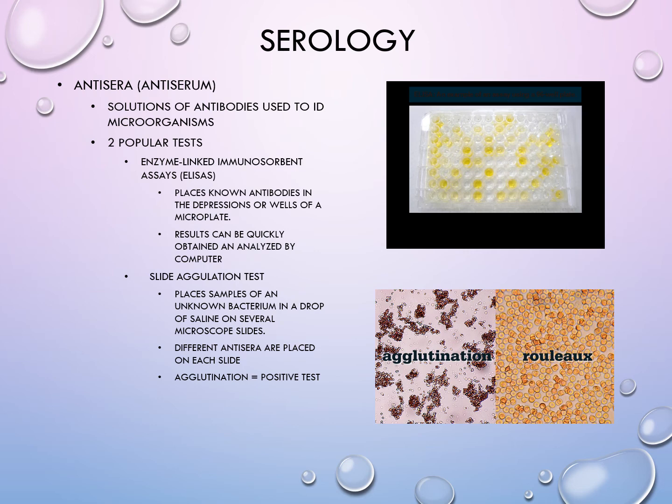And then the second way is by slide agglutination, and that image is down below. Remember, if bacteria agglutinate, it means they clump together. So they're going to take some microscope slides, and they're going to place the bacterium in a drop of saline, and then they're going to add different types of antisera until they get an agglutination reaction.